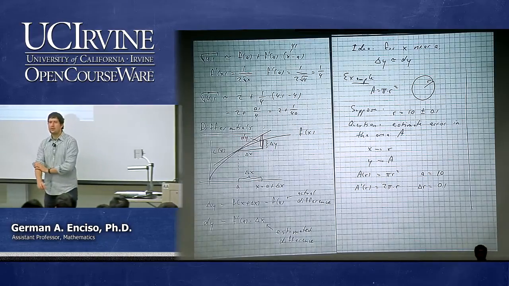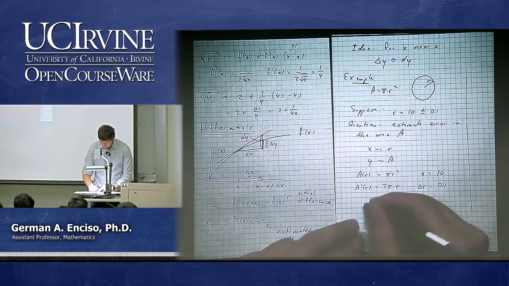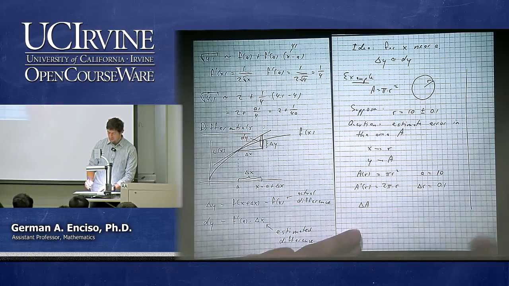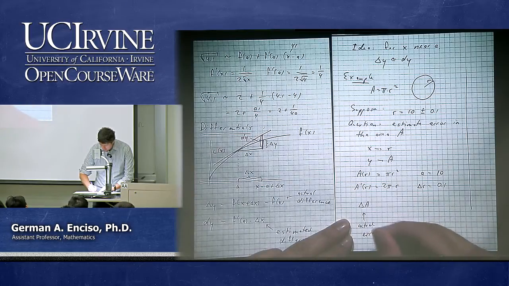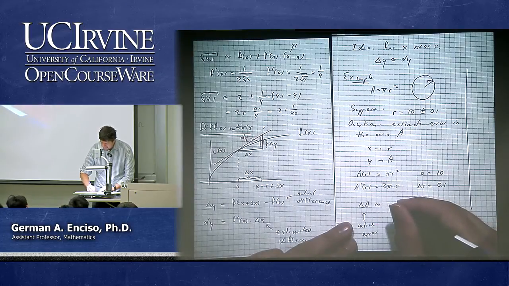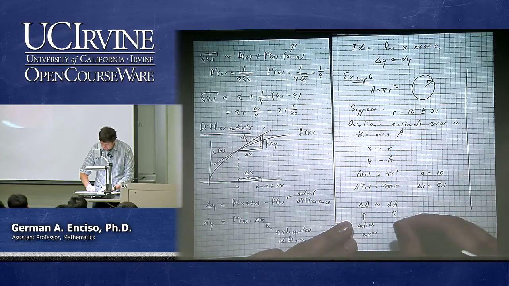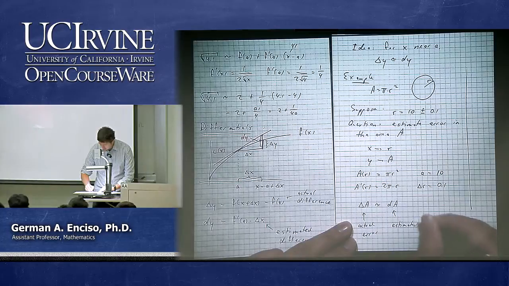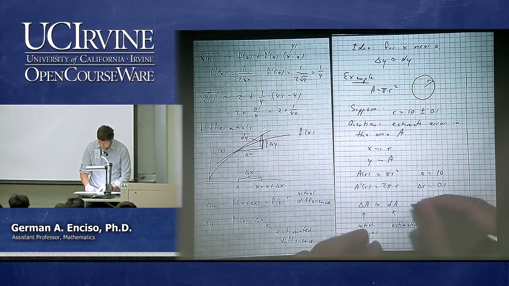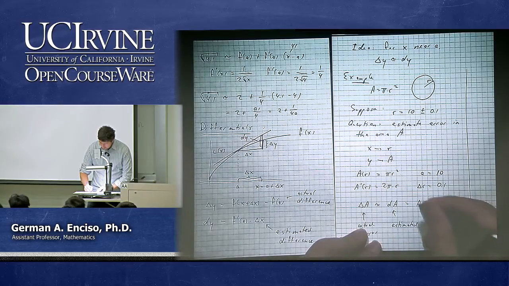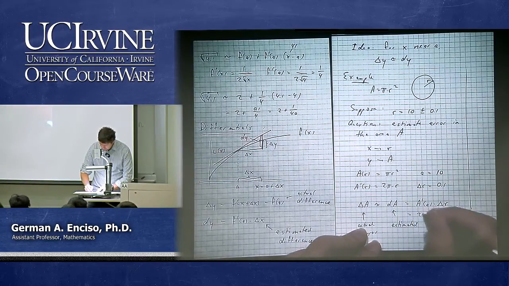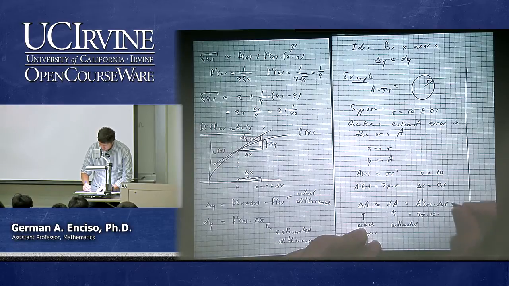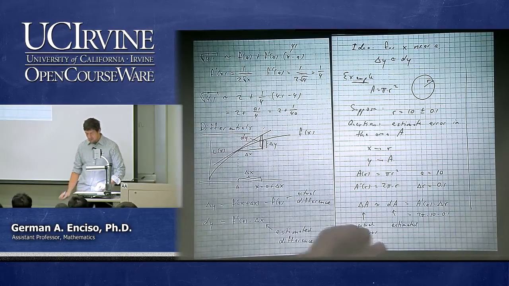Okay? So the error delta A, this is the actual error, is similar to my estimated error dA, which can be written as A prime of a times delta r, and that is equal to 2 pi times 10 times 0.1.